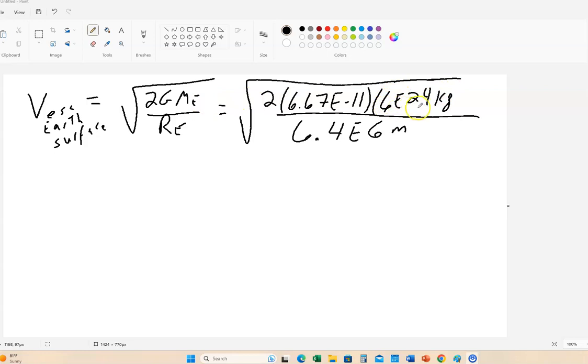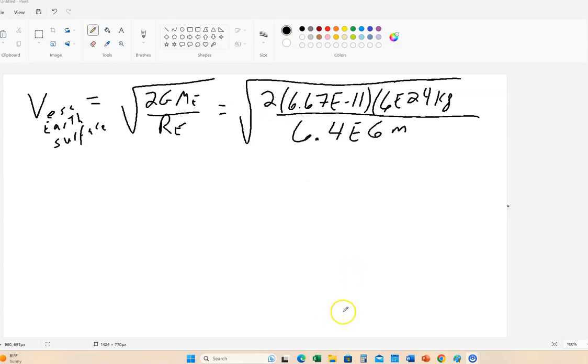So this is the mass of the Earth, 6 times 10 to the 24th. This is the radius of the Earth, 6,400 kilometers, or 6.4 times 10 to the 6th meters. That's what you want to use for this particular problem. And then, of course, big G is what it always is, and there's the 2.